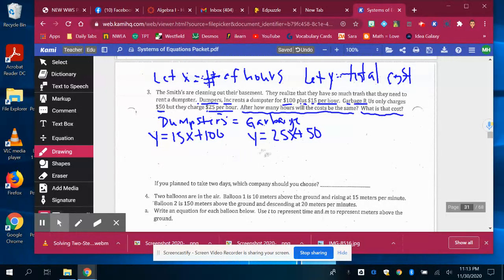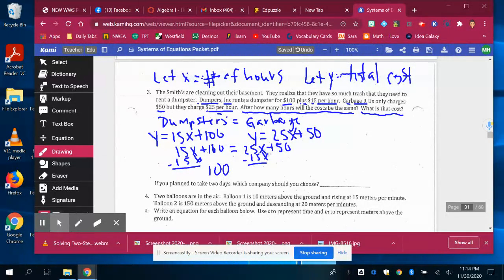So I can set what dumpsters is going to charge equal to what garbage is going to charge and solve that equation. So I can say 15x plus 100 equals 25x plus 50. And I can solve this one equation.